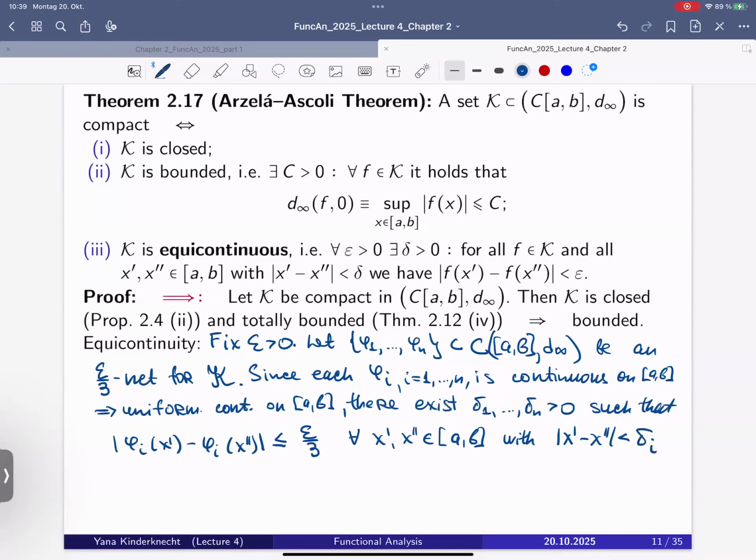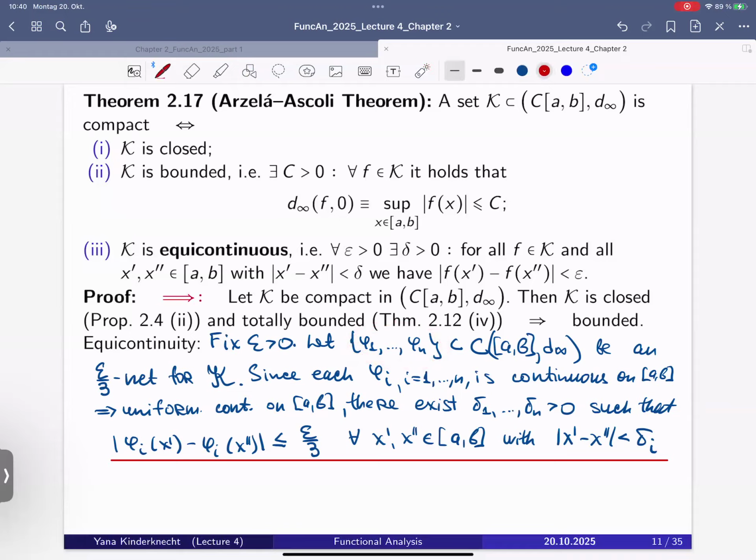Once again, this is the uniform continuity of each function phi from this epsilon net.